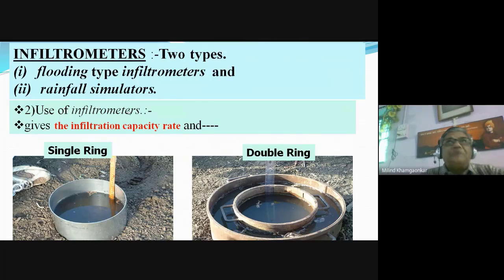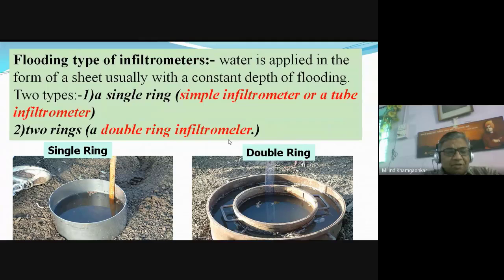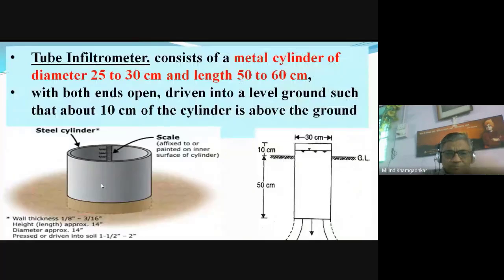There are certain equipments called infiltrometers. There are two types of infiltrometers: flooding type infiltrometer and rainfall simulators. Flooding type are further divided into single ring and double ring infiltrometer. The fundamental of all these infiltrometers is that the water is poured in a container, maybe of diameter say 25 to 30 centimeters and height 50 to 60 centimeters.